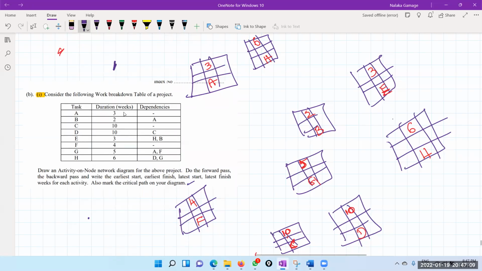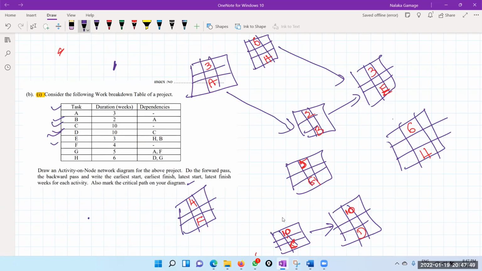Right. So your A is independent. B depends on A. C is independent. D depends on C. E depends on H and B. F is independent.